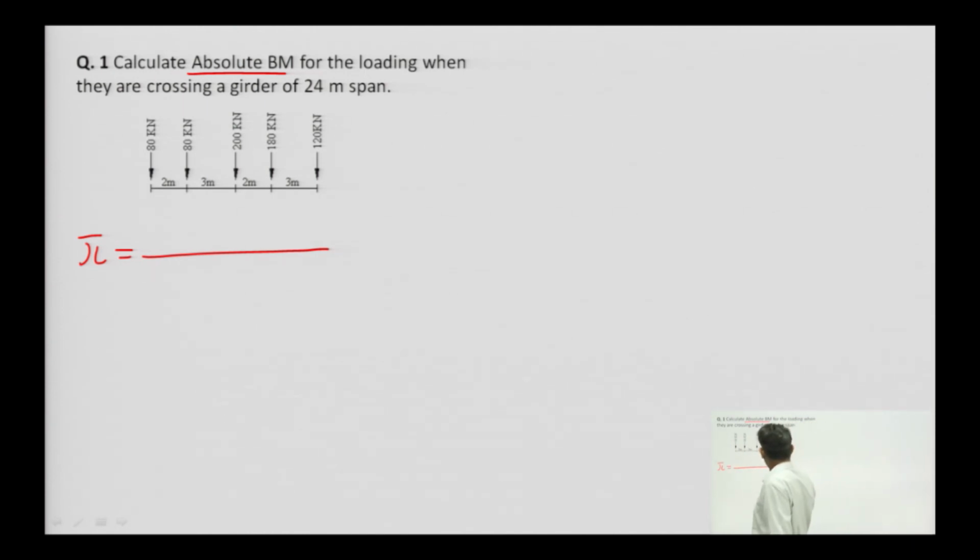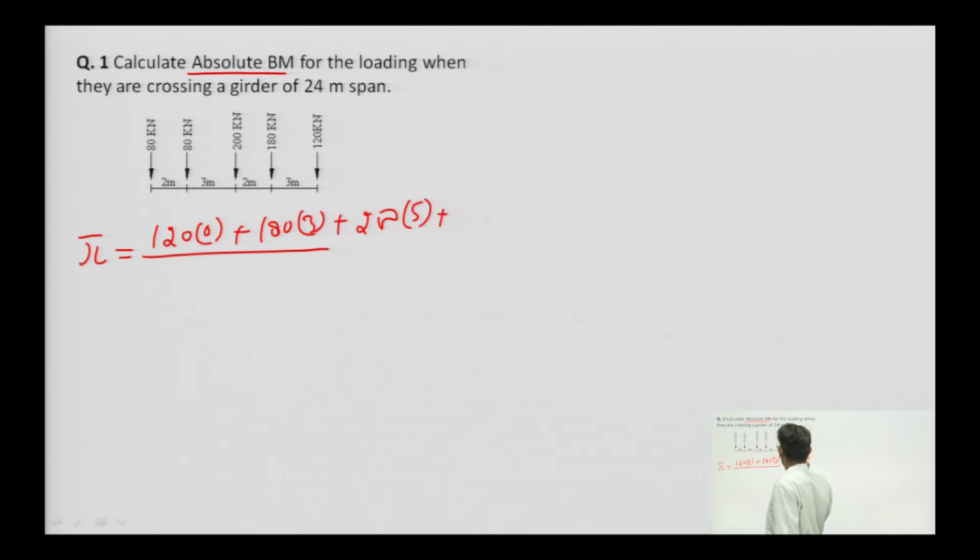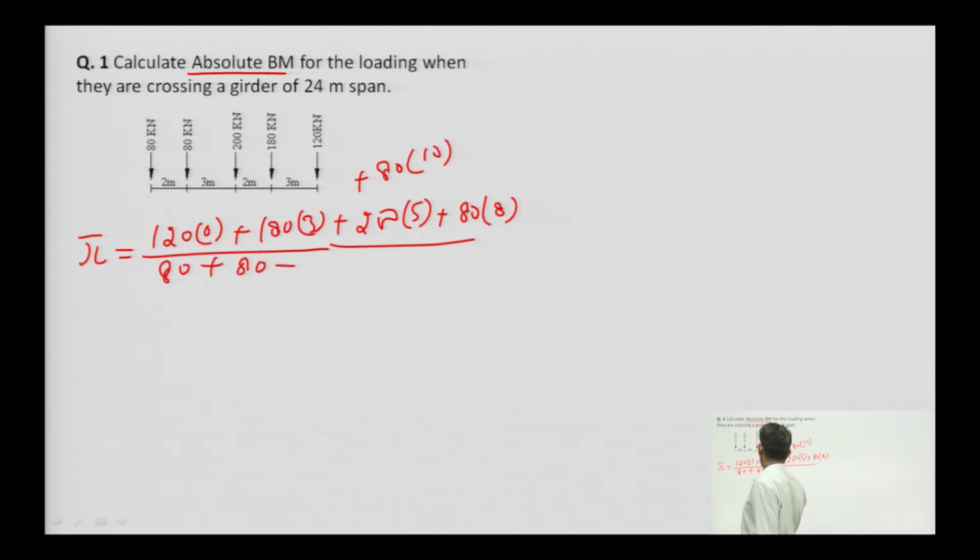It is 120 into 0 plus 180 into 3 plus 200 into 5 plus 80 into 8 plus 80 into 10, divided by the total load, which is 80 plus 80 plus 200 plus 180 plus 120.